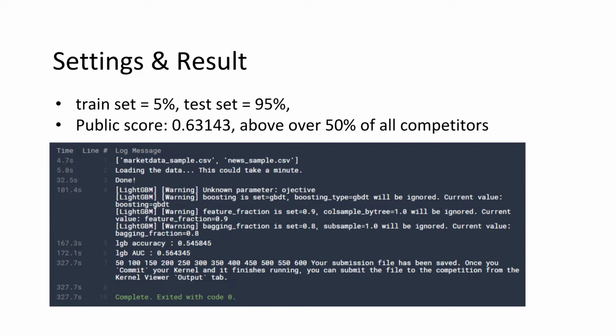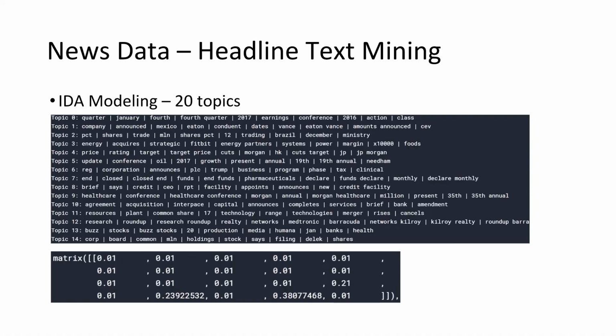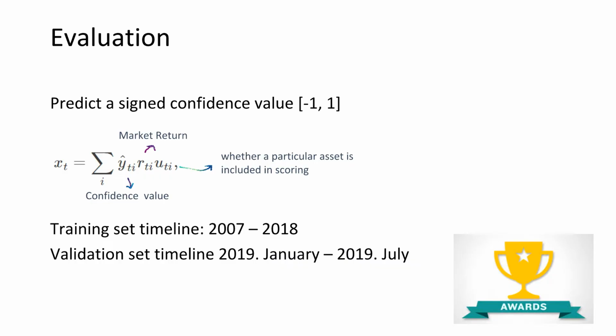I have a very simple question. I didn't understand the evaluation metric. Can you please repeat the explanation? So the evaluation metric is that what we actually give to the competition is this confidence value, which is a score from -1 to 1.